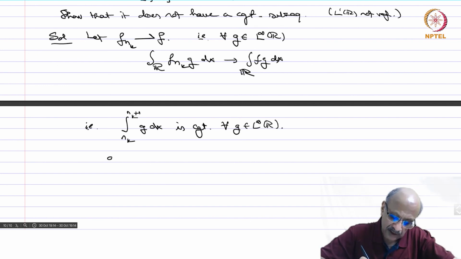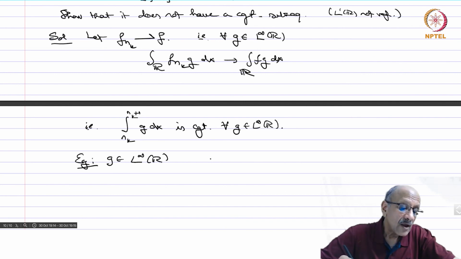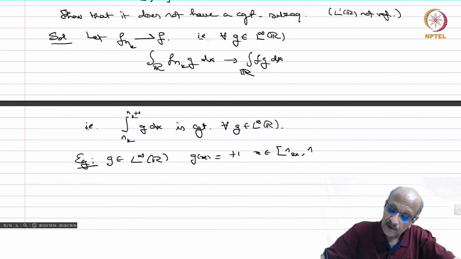So you take g in L infinity of R, for example, g(x) equals plus 1 if x belongs to [n_{2k}, n_{2k} + 1], minus 1 if x belongs to [n_{2k+1}, n_{2k+1} + 1], and 0 otherwise.